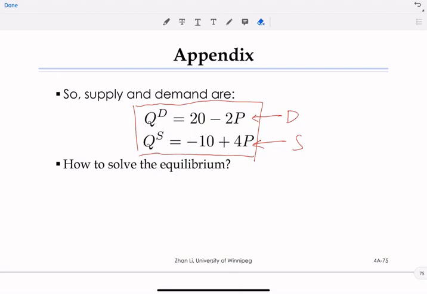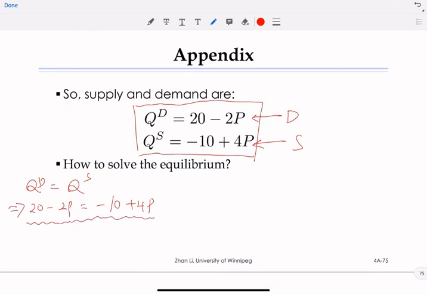So if the market is in equilibrium, QD equals QS. This tells us 20 minus 2P equals minus 10 plus 4P. This is the equation which helps us solve for the market price, right?